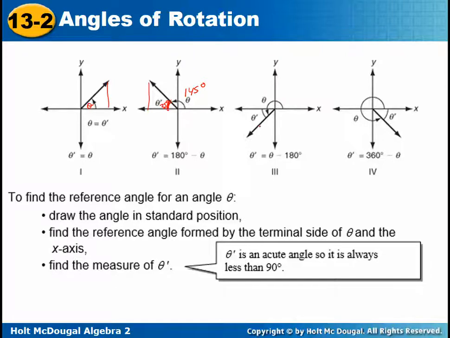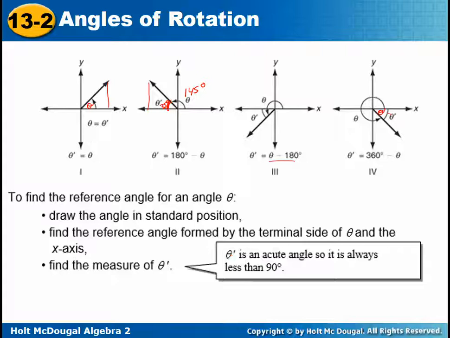If you're in the third quadrant, you will take that angle measure minus 180 to figure out what this angle is. Or you could go 90 plus 90 and then 270 minus that degree and add them together. But this is the shortcut way. And if you're in the fourth quadrant, you just have to take 360 minus the angle that you were given in order to find the reference angle, which they're calling theta prime again.